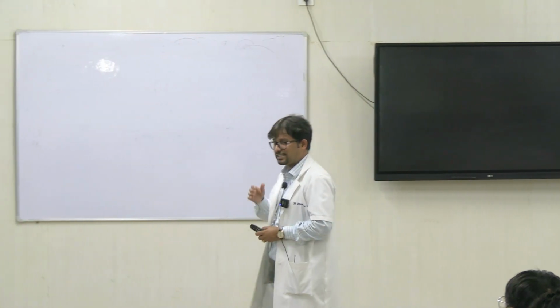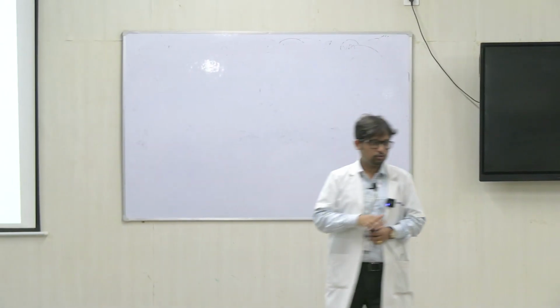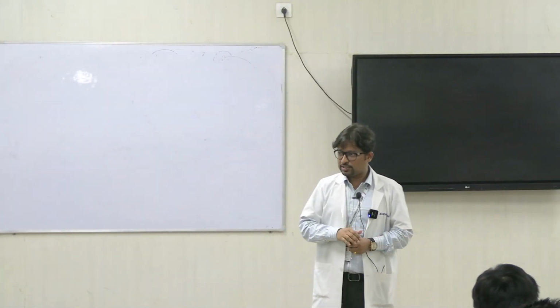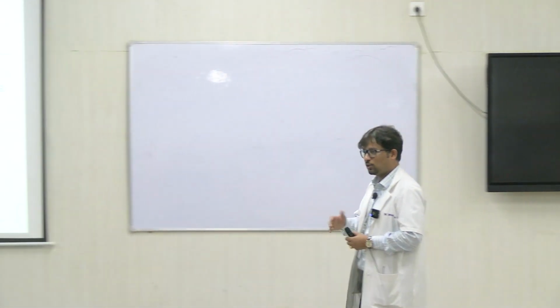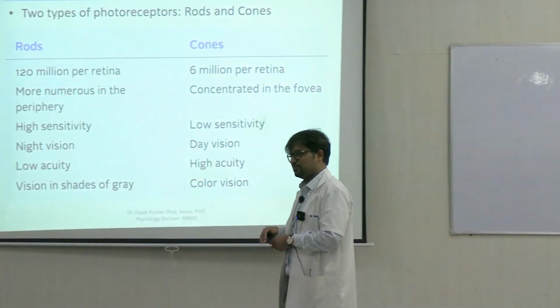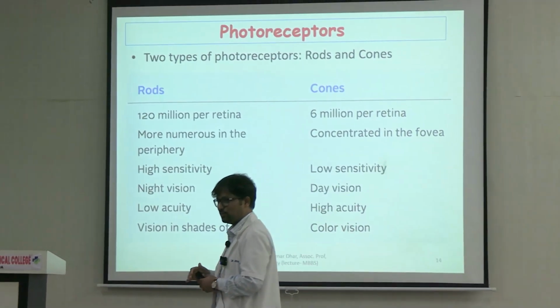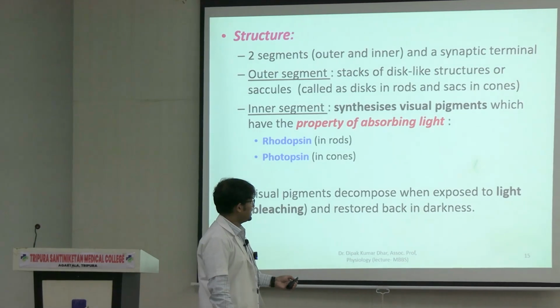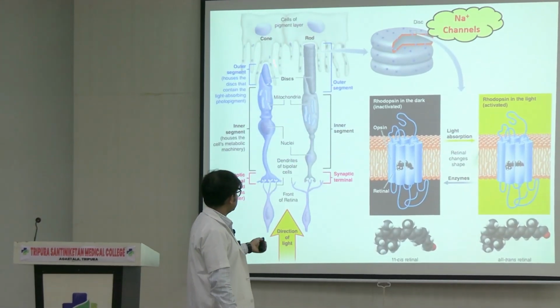Now coming to the differences between the two receptors. The rods are rod-like, that is why the name rods, cylindrical. Cones are conical, that is why the name cones. And this difference in shape is actually in the outer segment.